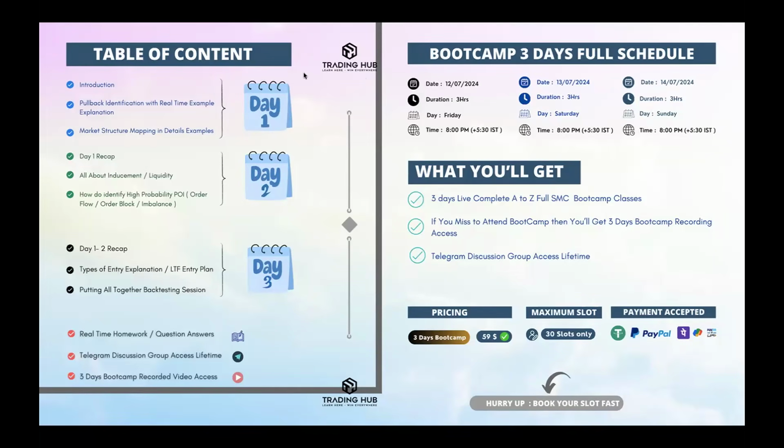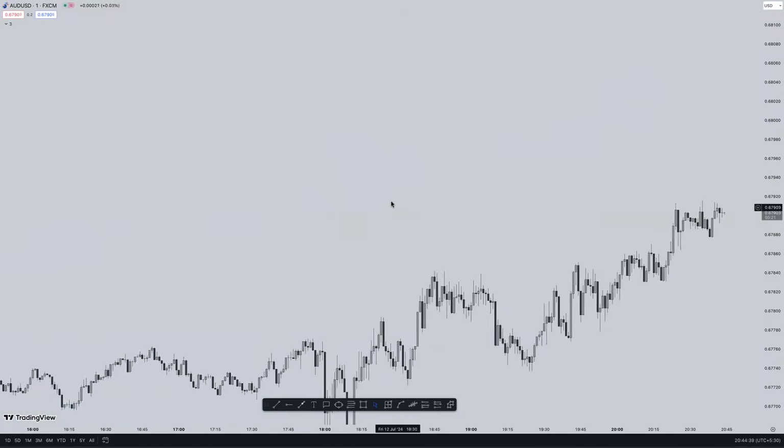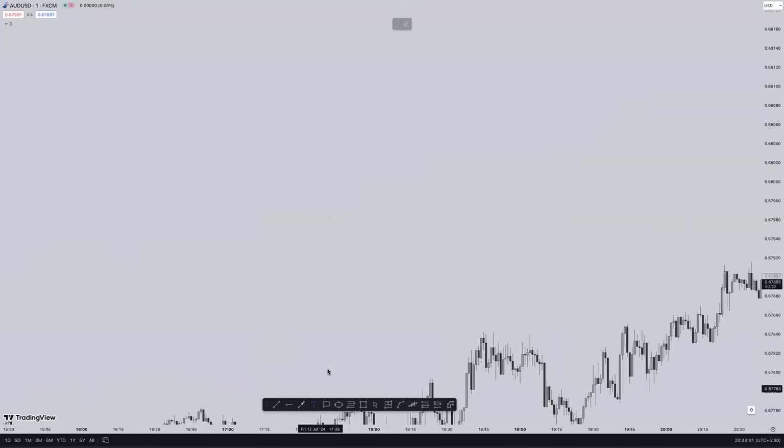Okay, let's go back to the screen, the next screen. So we are going to start with the pullback. What is a pullback and how can we identify it?